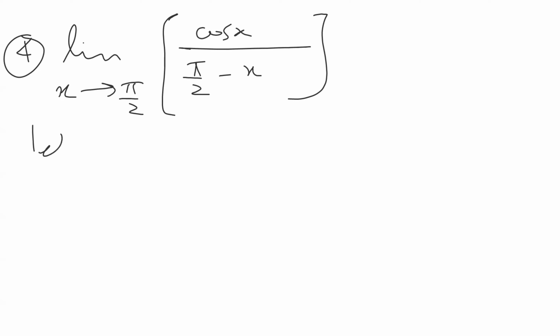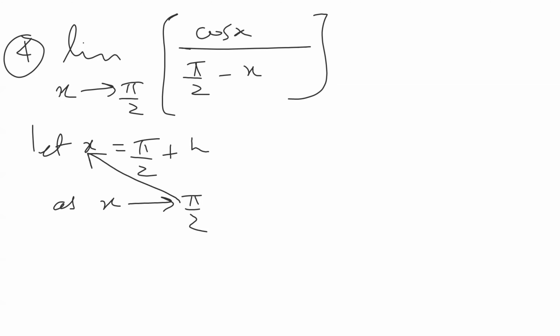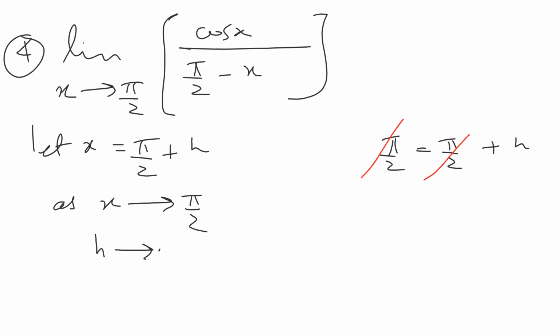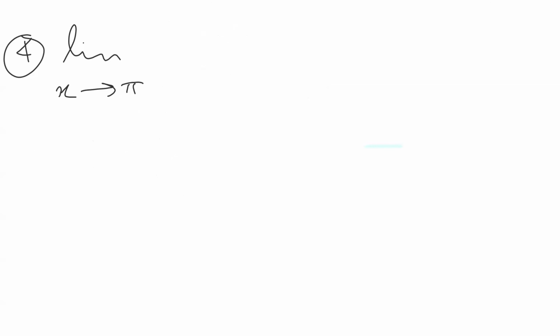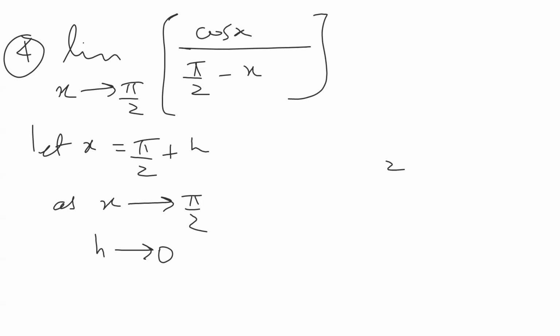So let x be equal to pi by 2 plus h, slightly more than pi by 2. As x approaches pi by 2, pi by 2 equals pi by 2 plus h, so pi by 2 gets cancelled and h approaches 0. This process is called changing limits. So wherever there is x, put pi by 2 plus h.